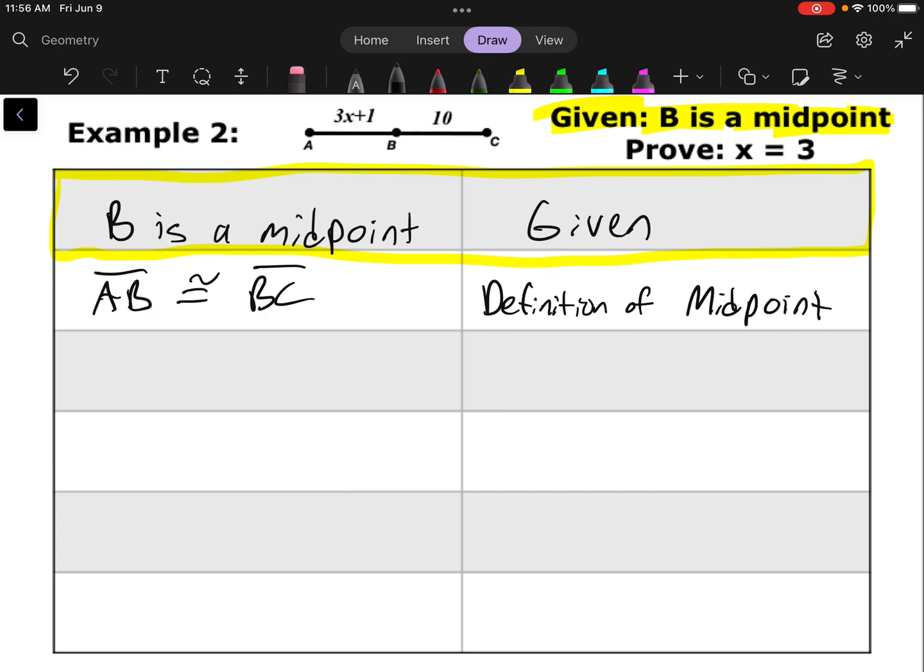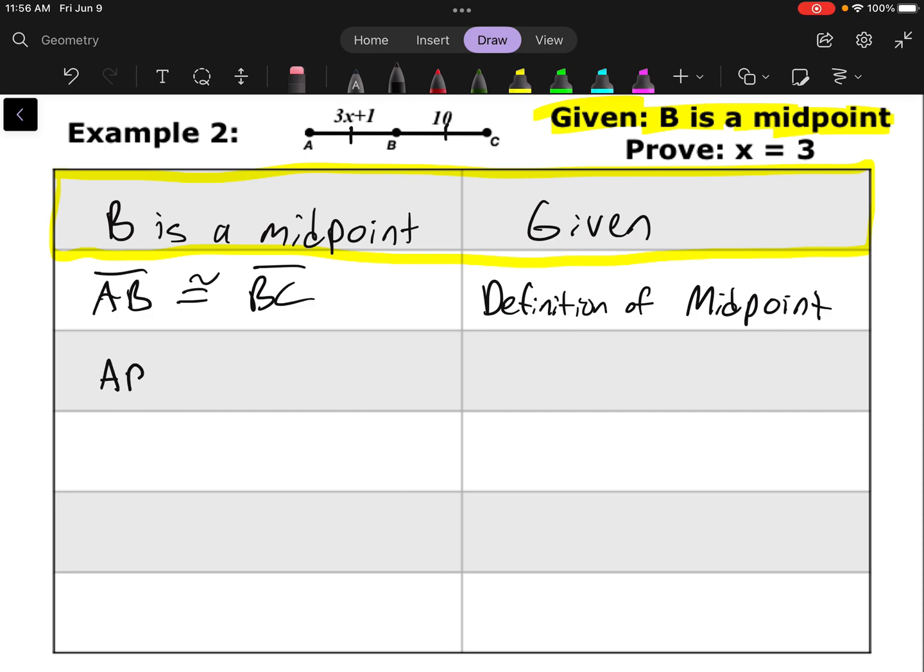Okay, so now we're trying to prove that x is equal to 3. And if AB is congruent to BC, then that should mean that those two lengths are also the same, right? If it got divided into two congruent parts, that means that the length of AB must be equal to the length of BC. And this is probably the trickiest moment right here.